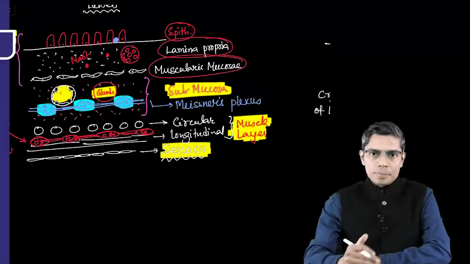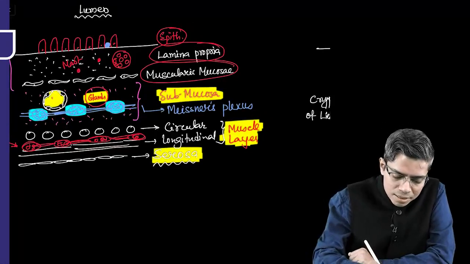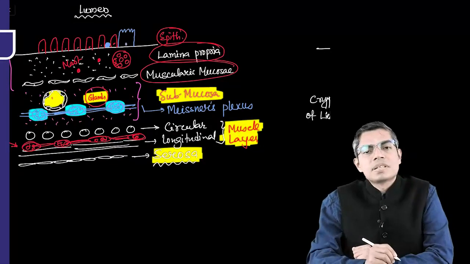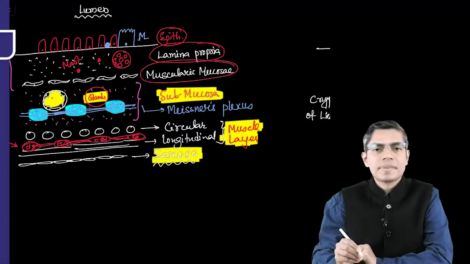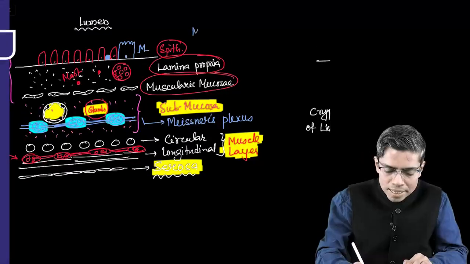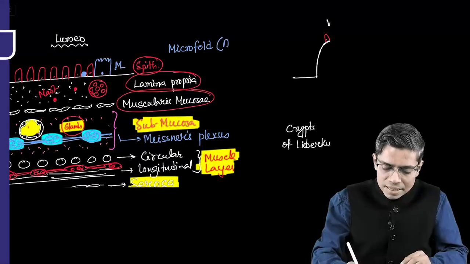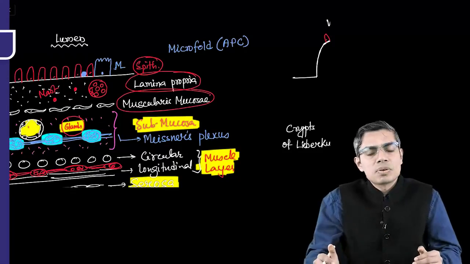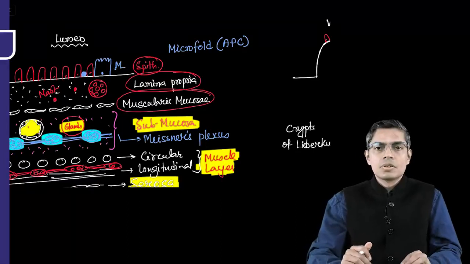Now, above the Peyer's patch, if you look at its surface, there is a specialized cell located in between the epithelial cells of the GIT, and this cell is known as the M cell. M stands for microfold cell of the GIT. Microfold cells function like antigen presenting cells. How?